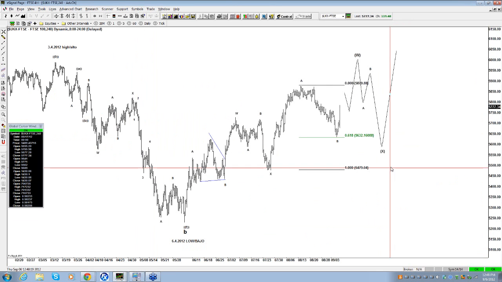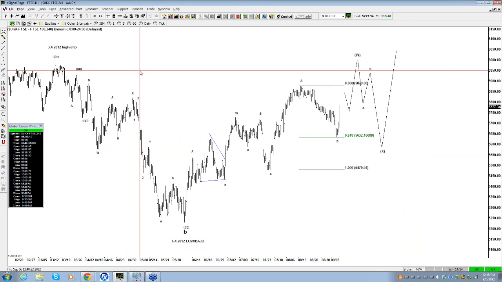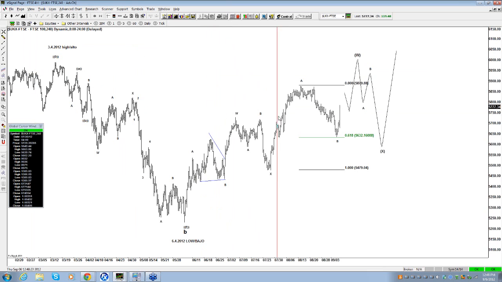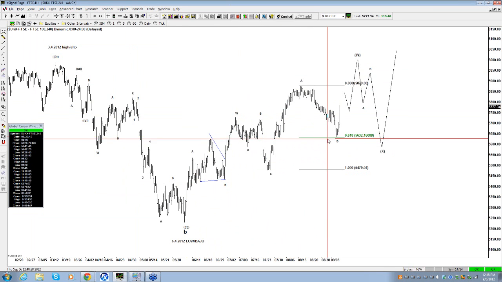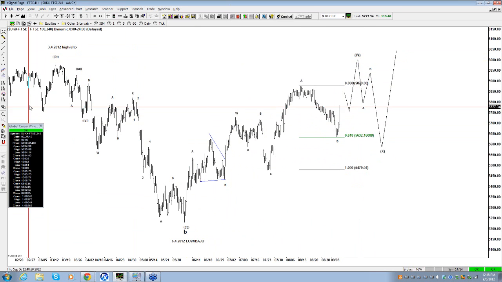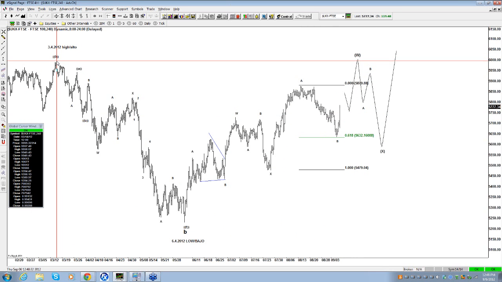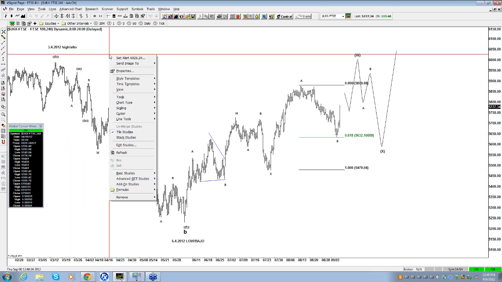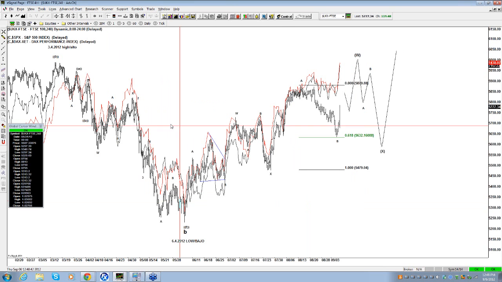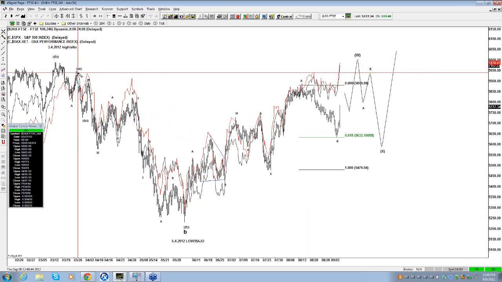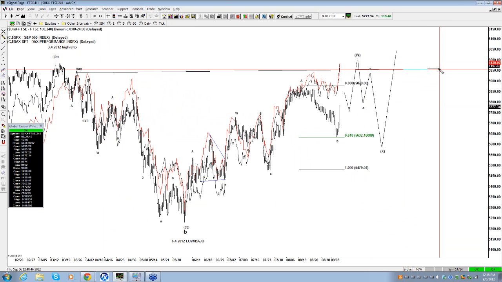Let's go to the UK right here. This is the UK 100. Look, 1, 2, 3, 4, 5, 6, and we need a 7. This pair needs to break these highs. Look, everyone has done that. If you look at the DAX and S&P, both of them have already taken similar highs.